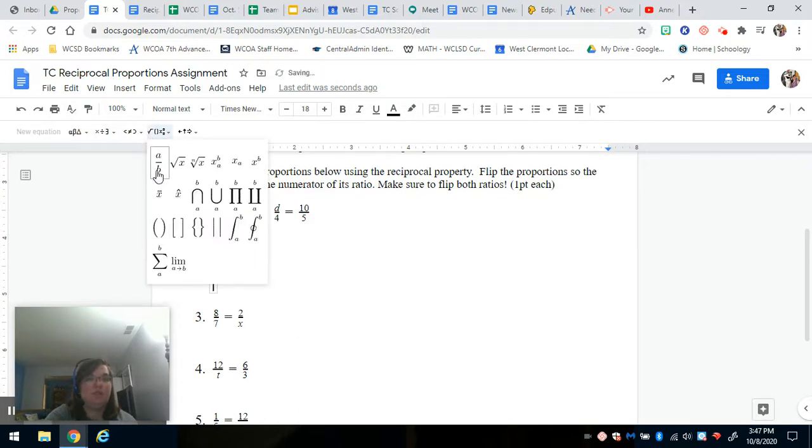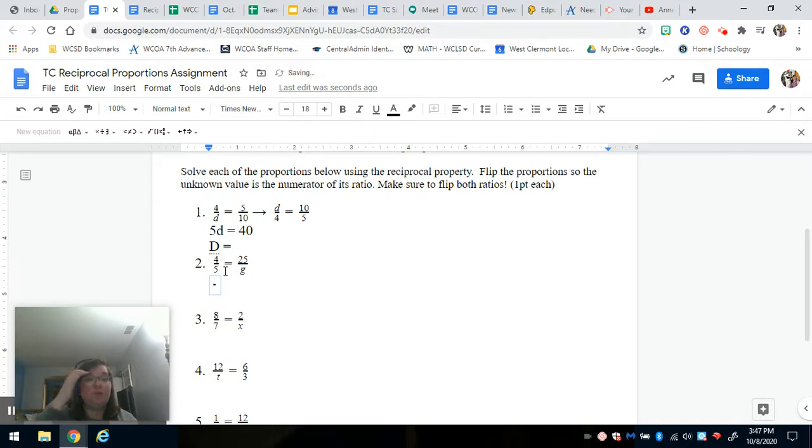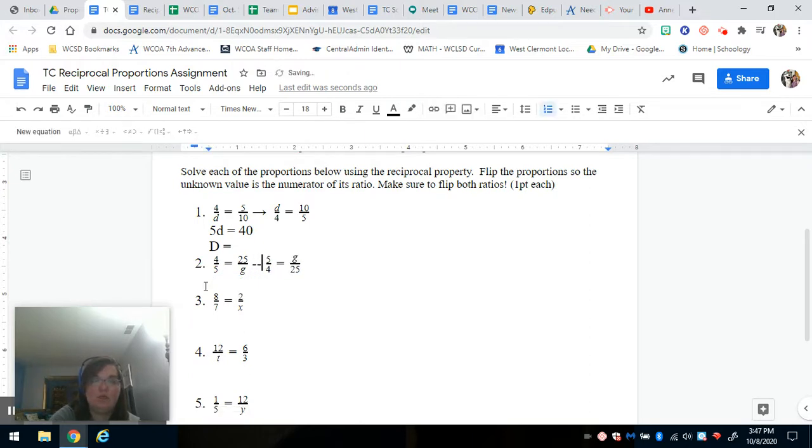All right, so we have to do the reciprocal because we have to get this g into the numerator position. So we're going to flip both ratios. We're going to get the reciprocals. So 4 over 5 becomes 5 over 4. That's equal to now g over 25. There's our reciprocal.